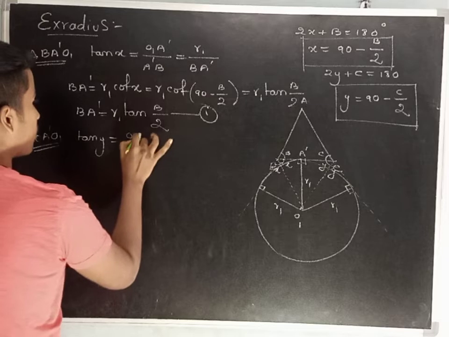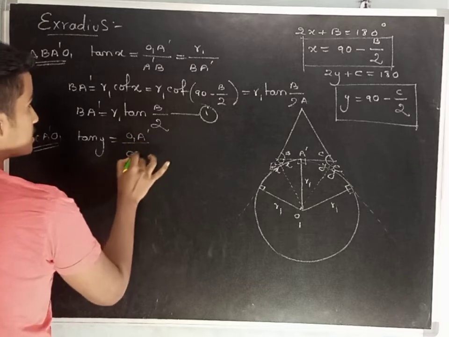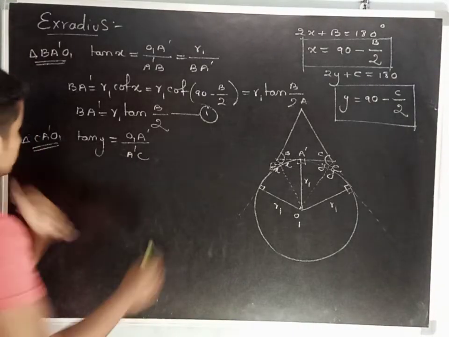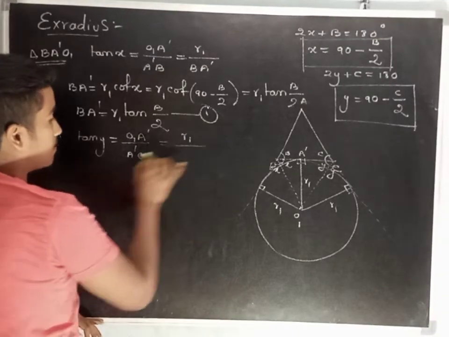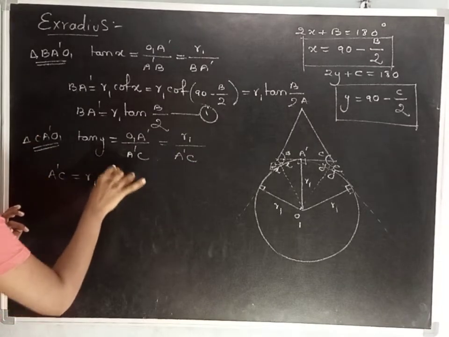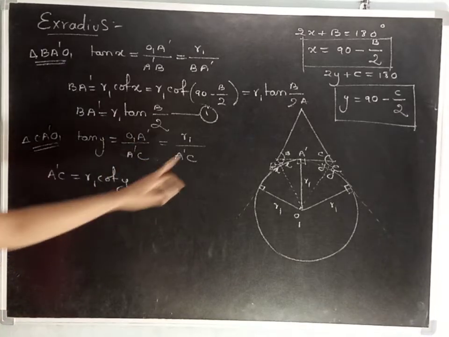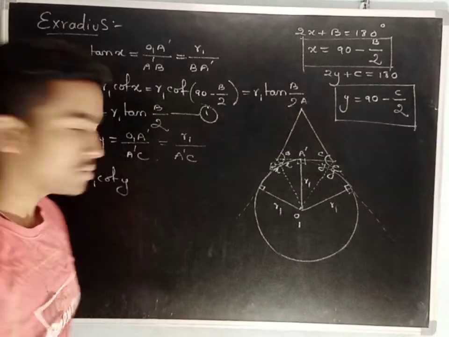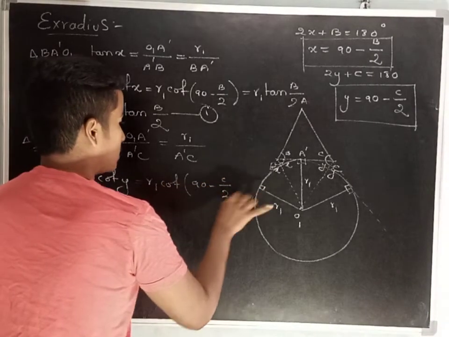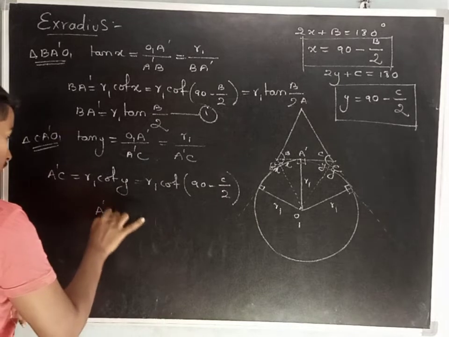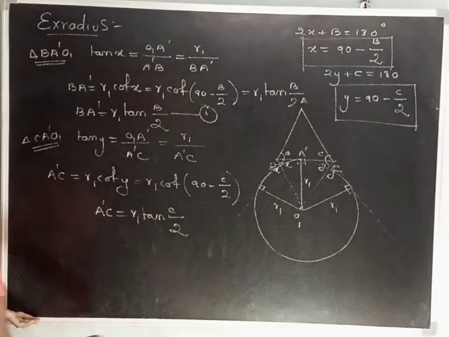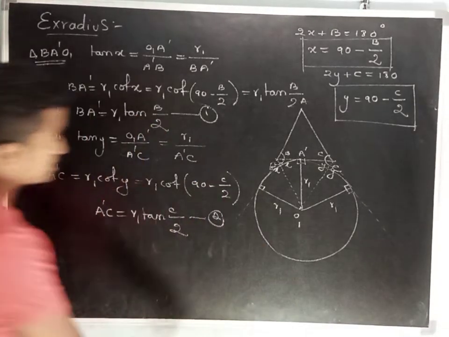Tan y is equal to O1 A dash by C A dash, which is R1 by A dash C. A dash C is nothing but R1 into cot y. y is nothing but 90 minus C by 2, so it is R1 into cot of 90 minus C by 2. A dash C is going to be R1 tan C by 2. This is our second result.